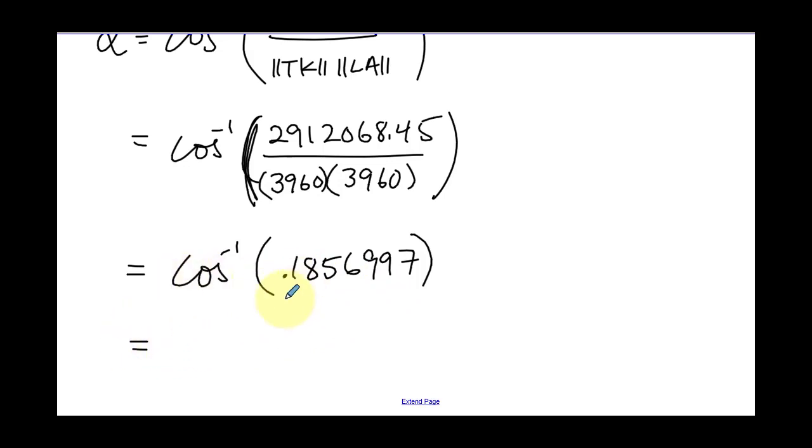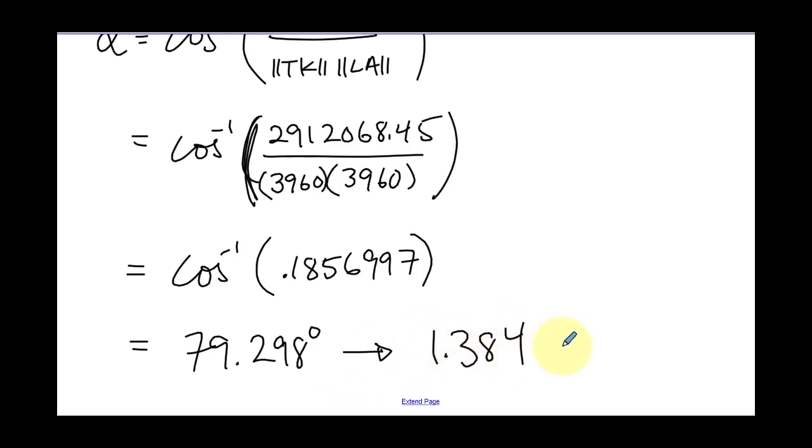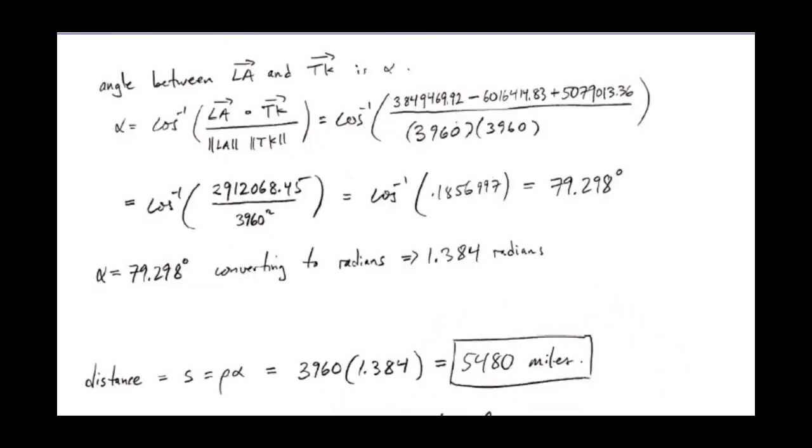And then taking a cosine inverse, 79.298 degrees, because I was in degree mode, but I can't use degrees in that last step, so I need to convert that to radians. That's about 1.384 radians. All right, and that's the value that I can use. So yeah, there's the calculation one more time: 79.28 degrees, converting to radians, 1.384 radians.